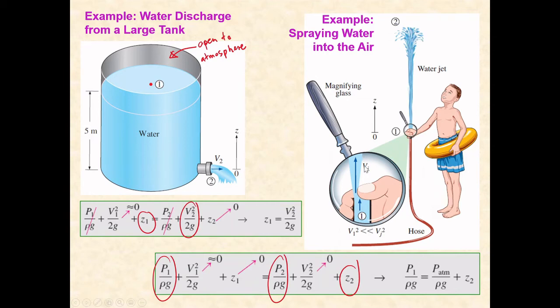All right. So in this case, we write a Bernoulli equation comparing the water within the hose, and then comparing at location 2 where the water hits the top before it stops moving and falls down.